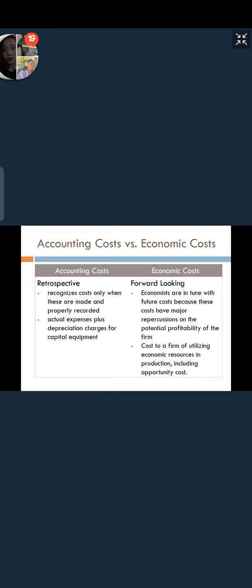Naintindihan na? So, for example, I don't know how much your tuition fee is. I'm not sure. For example, 7K. Your accounting cost in admitting in College of Accountancy is only 7K.